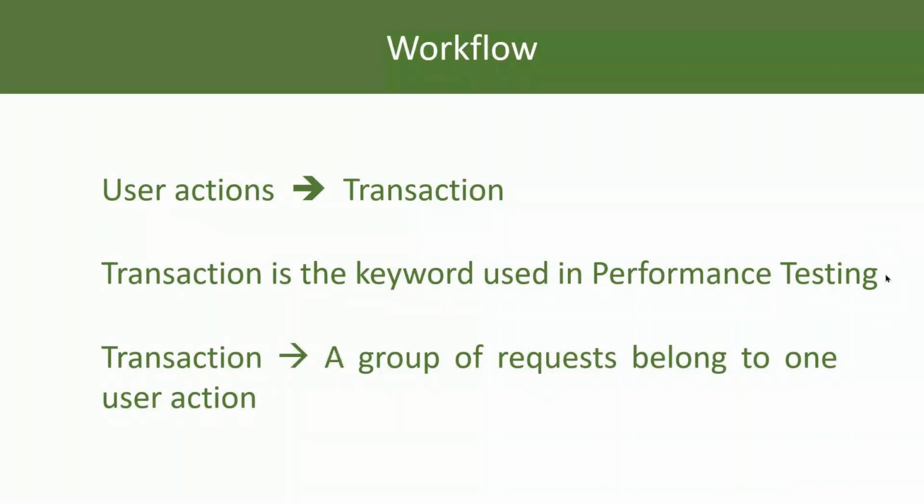So what is a transaction? A transaction can be a group of requests or a group of pages, under which requests would be there, which together can be called a transaction, right? This makes it a little easier for us to calculate the response time of a group of requests.